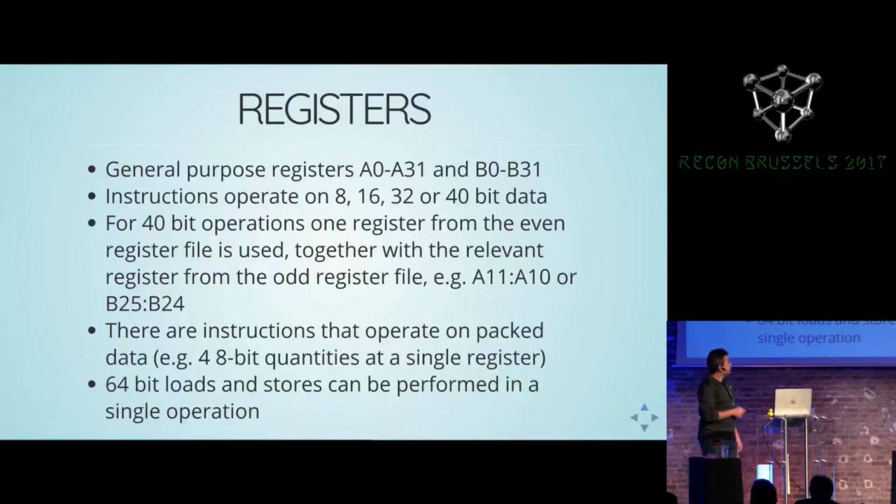So if we use this register pair, 32 bits are read from A10 and 8 bits from A11. There are also instructions that operate on packed data. And the only instructions that operate on 64 bits are loads and stores that are performed in a single operation.